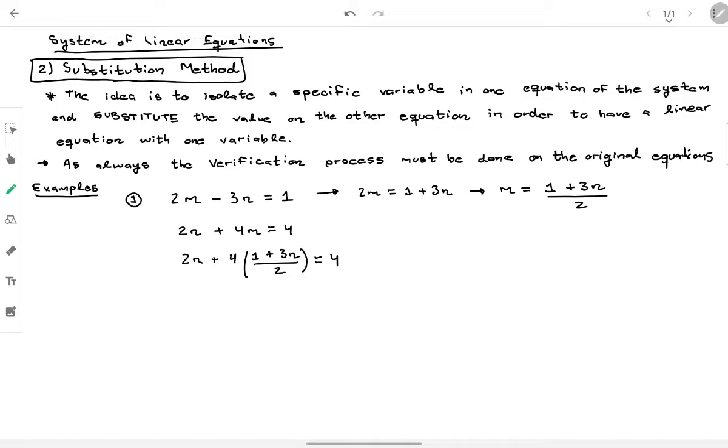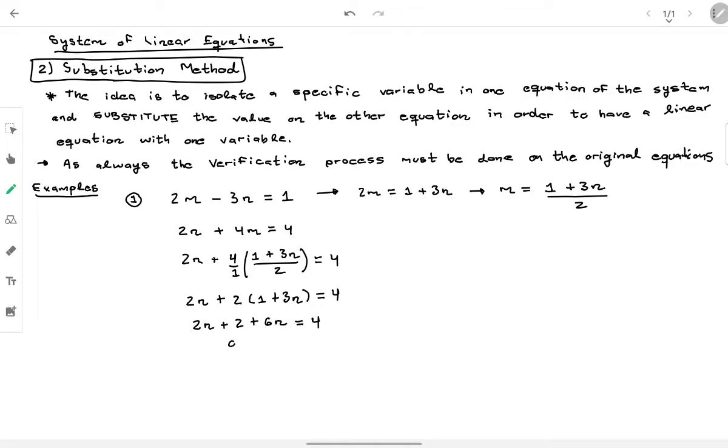After that, we can check that here it's going to be 4 divided by 2, it's only 2, so it's going to be 2n plus 2 that multiplies 1 plus 3n equals 4. So it's going to be 2n plus 2 plus 6n equals 4.